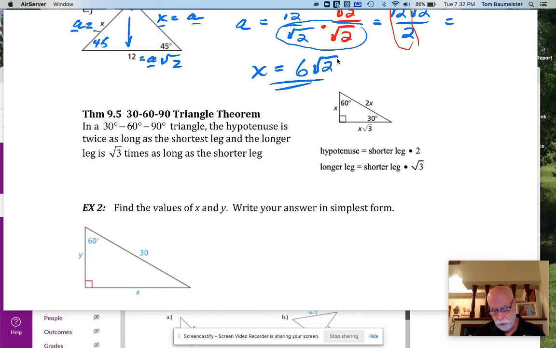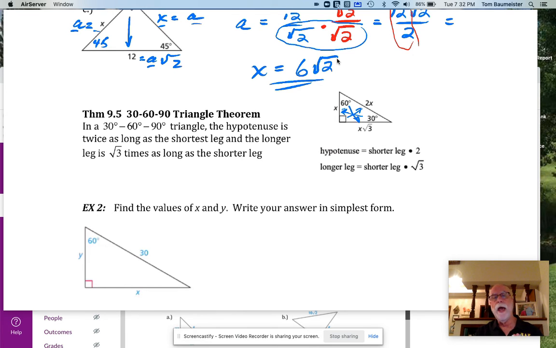So kind of look what they have here. Across from the 30 is your x. Again, I would call it A. Across from your hypotenuse is 2x. And then across from your 60 degree is x times the square root of 3.